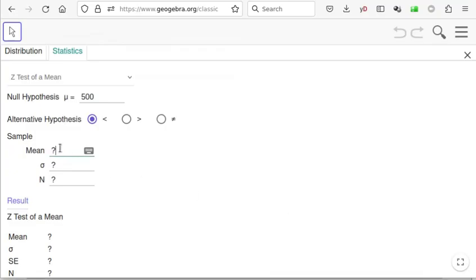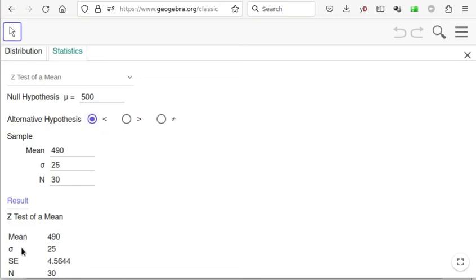Now, from our sample, we learned that the life of the batteries was only 490 days. We had a sample of 30. Now, this may feel slightly odd to you because we were given the population standard deviation, and it's asking that under sample. Needless to say, our alternative hypothesis is that the mean is less than 500, so that's selected.